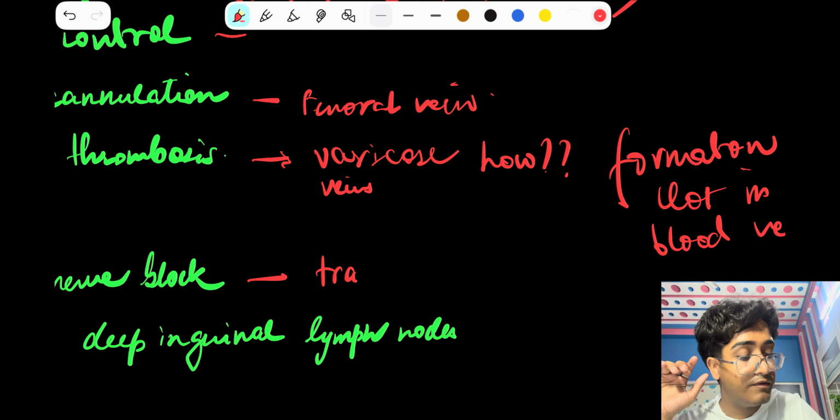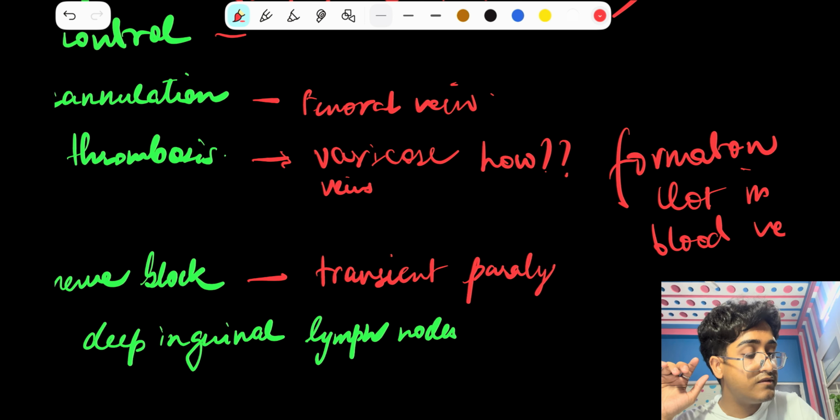It results in transient paralysis of anterior thigh muscles.